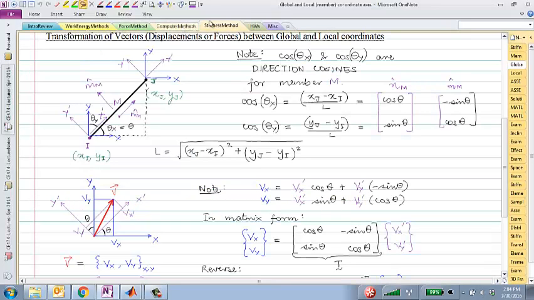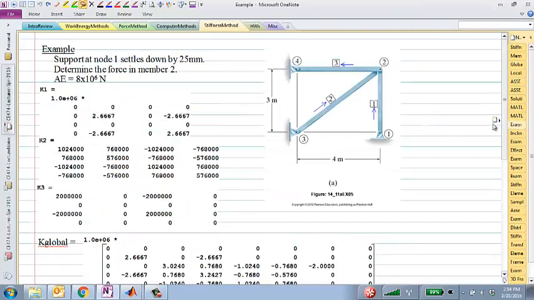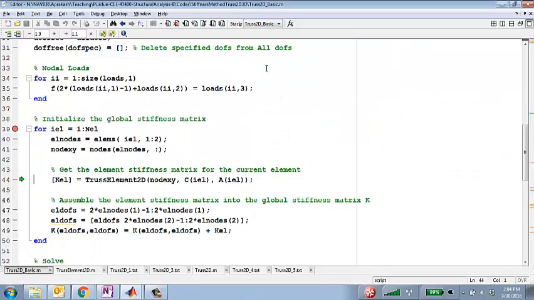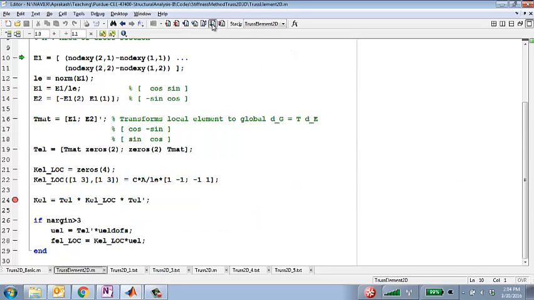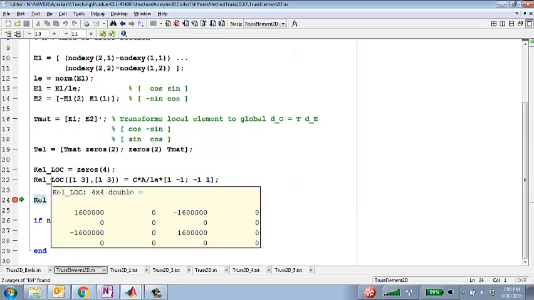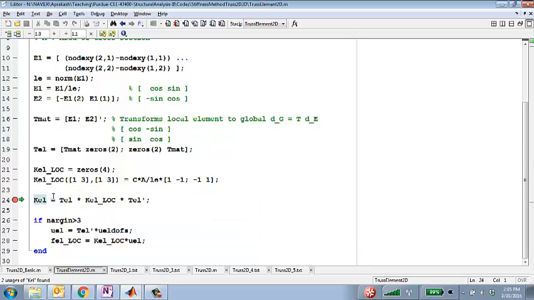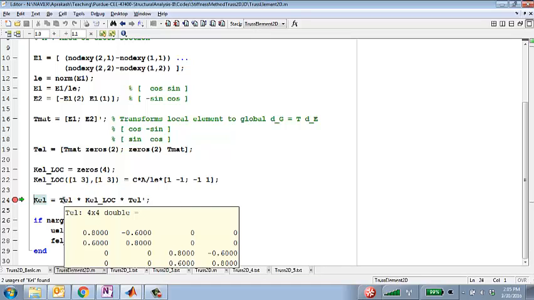Element 2 in our current problem is this inclined element. So once again, we'll go into that subroutine and calculate the local stiffness matrix. Local stiffness matrix structure is always like this. The transformation matrix is non-identity, where we clearly see those sub 2 cross 2 transformations of local coordinate system to global coordinate system.